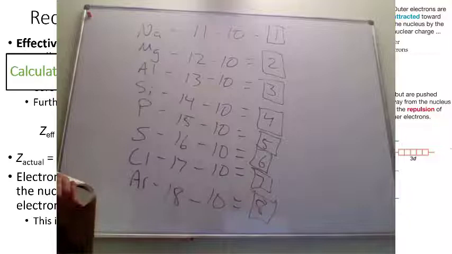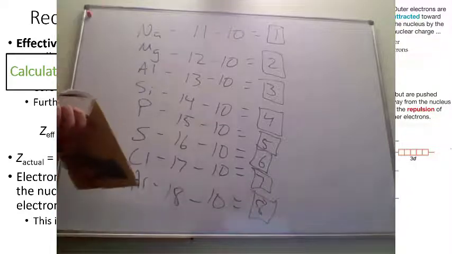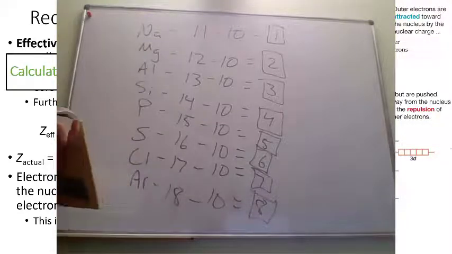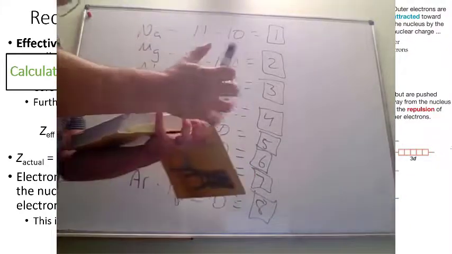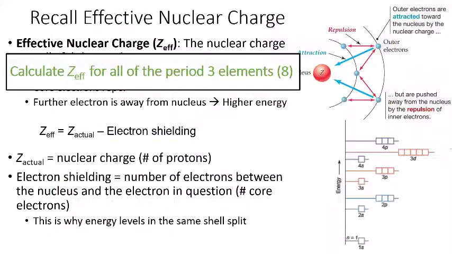What that has the effect of doing is it contracts in those valence electrons towards the nucleus. So the higher the effective nuclear charge, the stronger the pull on those valence electrons towards the nucleus. And so what that has the effect of doing is decreasing the overall atomic radius.